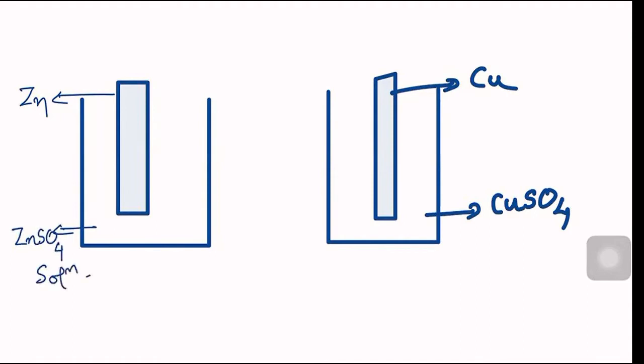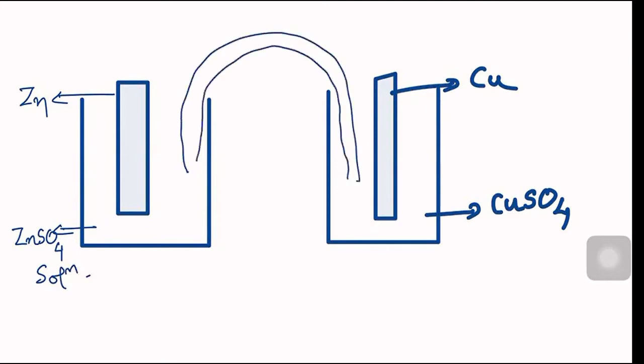To maintain charge neutrality, we require a salt bridge. You have studied why we require a salt bridge in your school. I'm going to explain why the reaction leads to electricity generation.